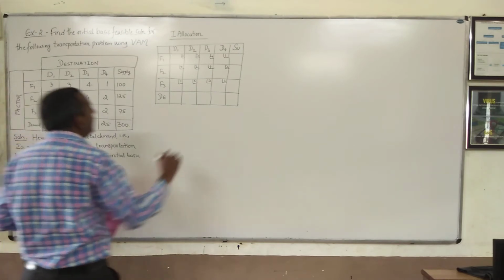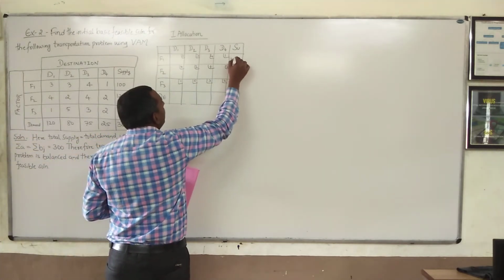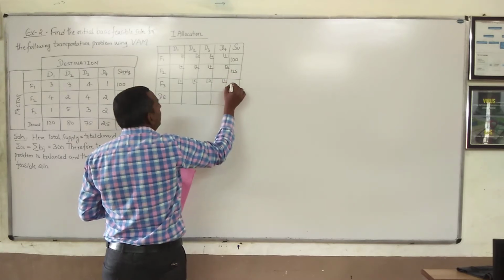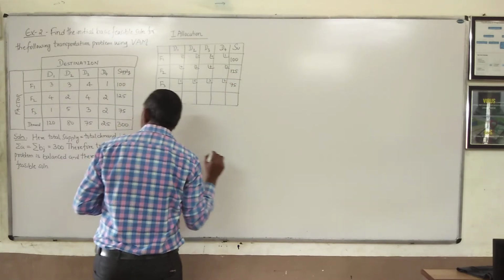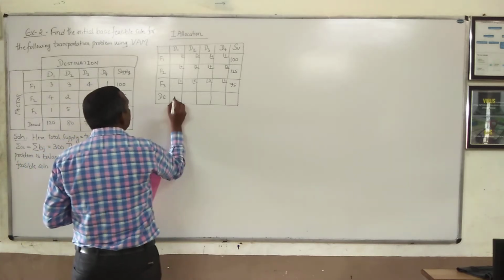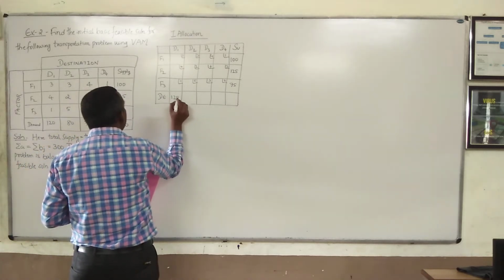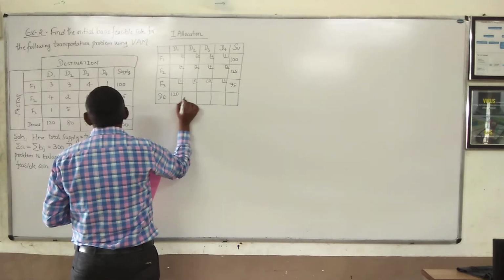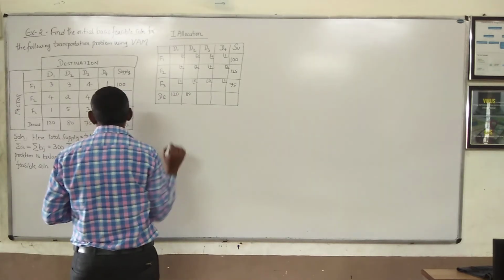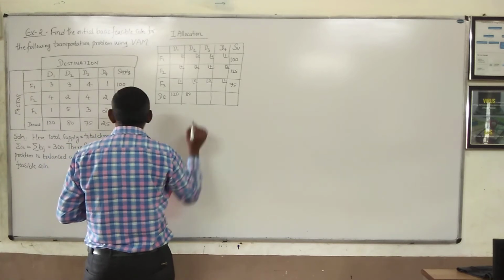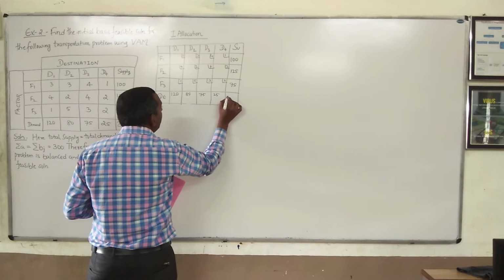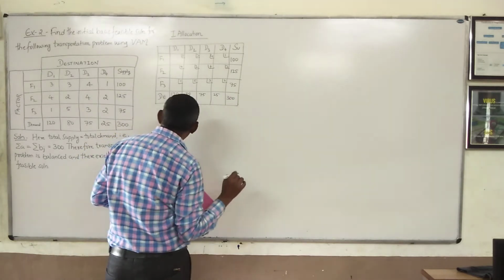Let me write the supplies here: 100, followed by 125, then 75. Let me write the demand here: 120, 80, followed by 75 and 25. It is 300 here.